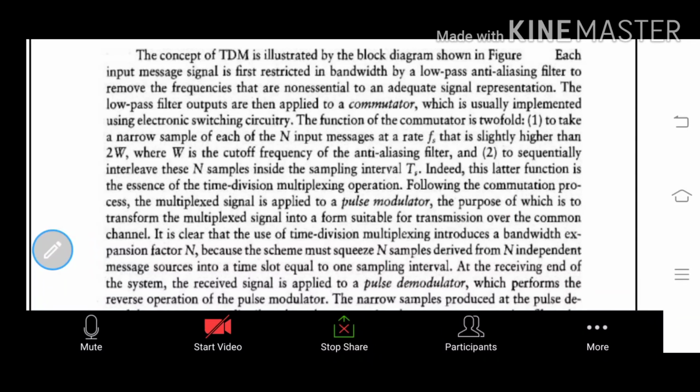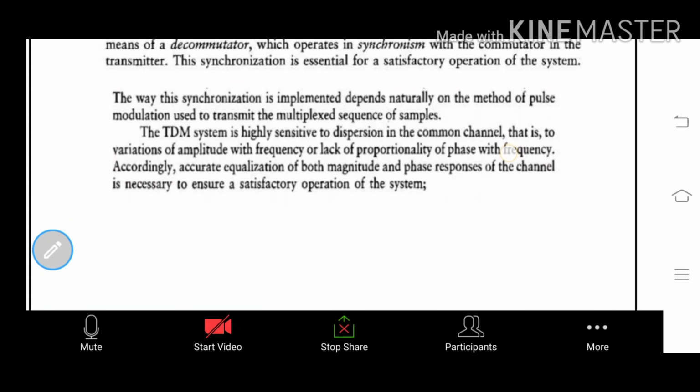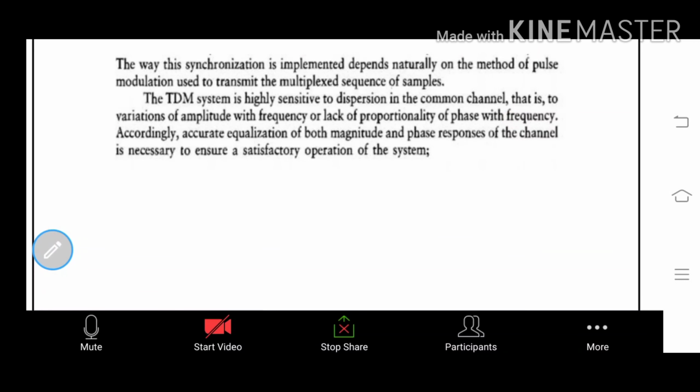Pulse demodulation demodulates the input signals, and you can transmit them to the individual channels. That is demultiplexing. Demultiplexing means the number of channels coming on a single cable, and that single cable information is spread to all the channels. That is demultiplexing of the channel.